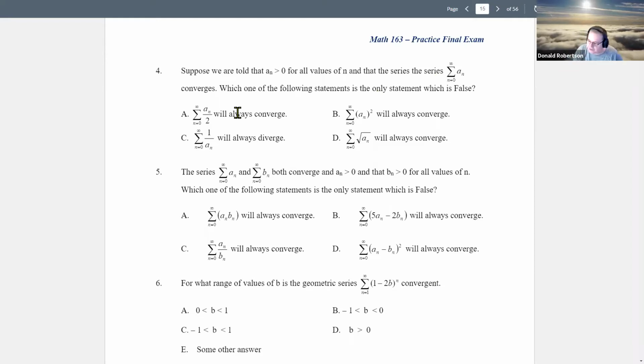If a whole load of things add up to 42, if you halve them all, won't they add up to something? It'll just be called 21. Then 1 over a_n, and sigma a_n squared, and this one. Which one of them is definitely false?